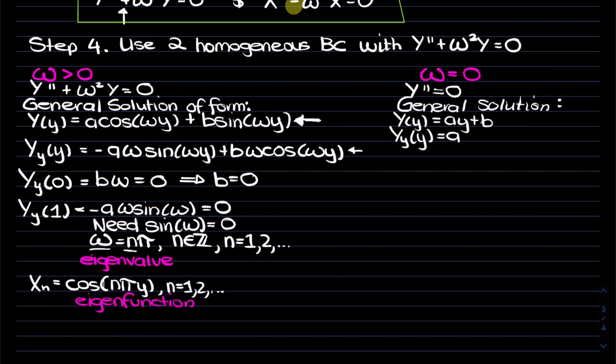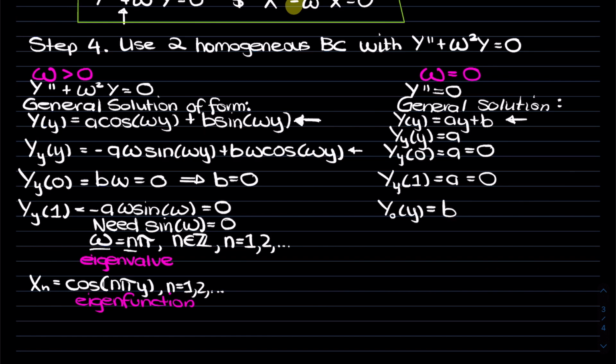Now if we plug in the boundary conditions, at y equals 0 we get a, and that has to equal 0. And if we plug in y equal to 1, we again just get a, which equals 0. So if we plug a back into our general solution, we just get b. So Y naught of y equals some constant b.